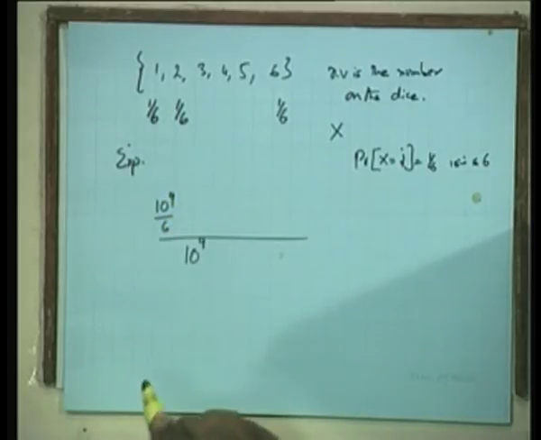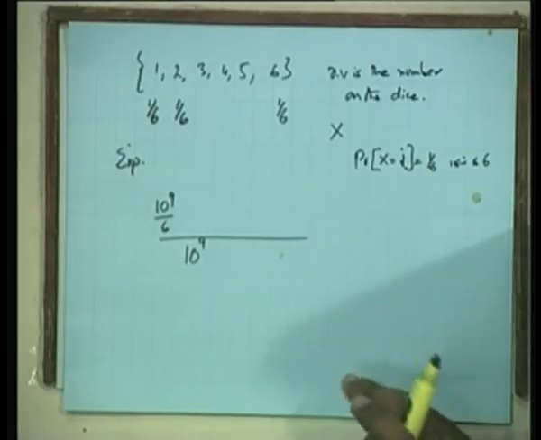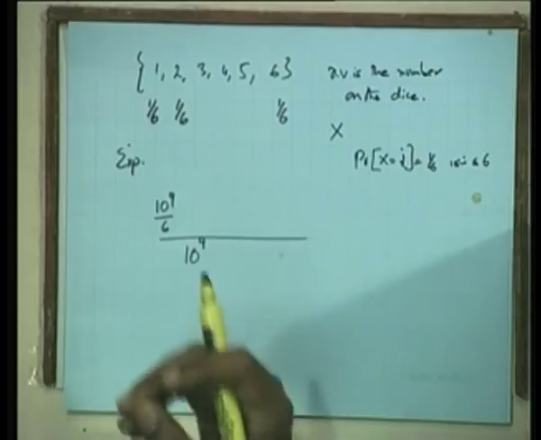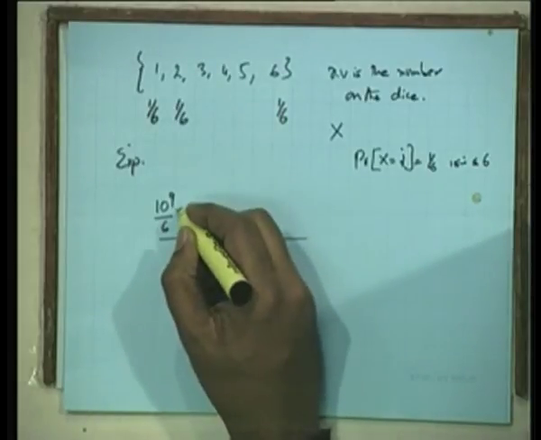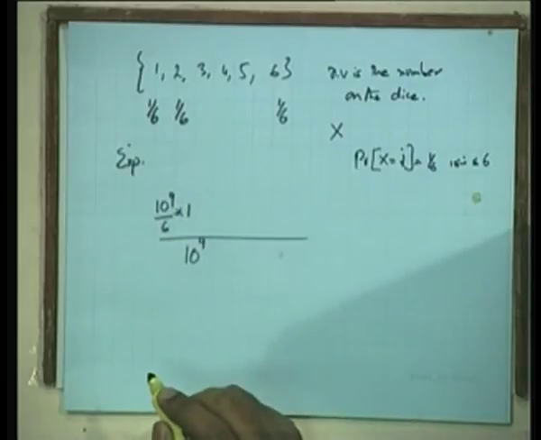This is what probability means, the probability that it is 1 by 6, that if you do the experiment sufficiently many times, then this fraction of the times you are going to see this particular outcome. So that many times your outcome was a 1.